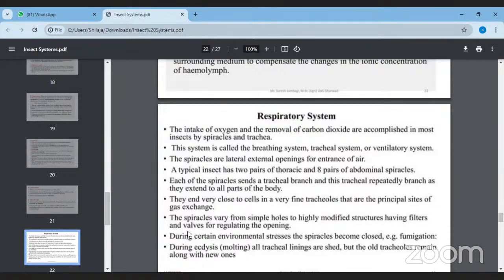During certain environmental stresses, such as fumigation, the spiracles may become closed. During ecdysis also, all the tracheal linings are shed, but the old tracheoles remain along with the new ones.